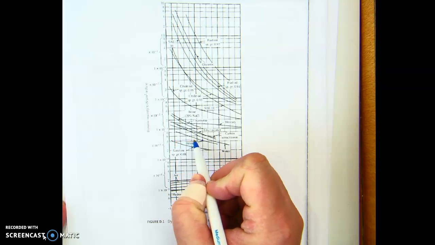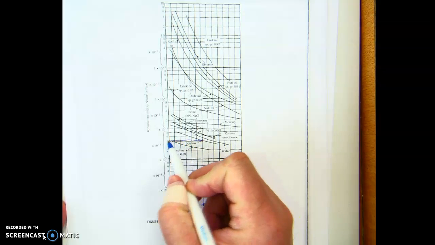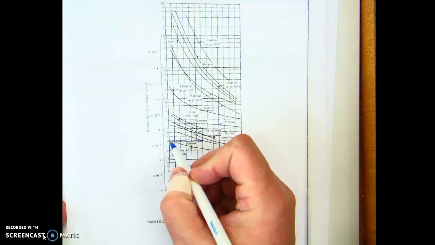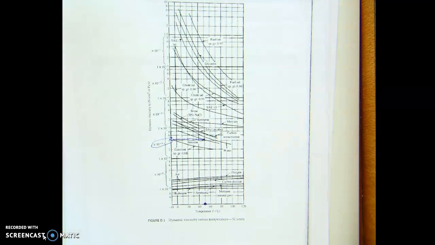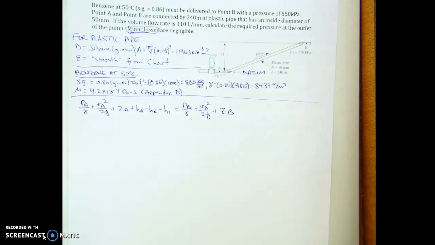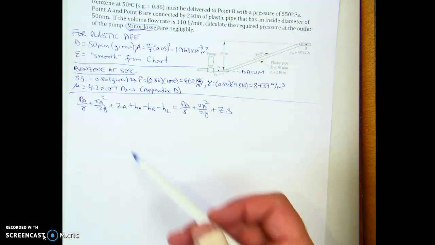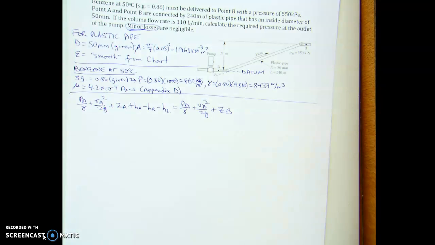So we read across like so and get our value right there. So it's a little bit above 4 times 10 to the minus 4. So I actually took 4.2 times 10 to the minus 4 Pascal seconds as my value for dynamic viscosity.